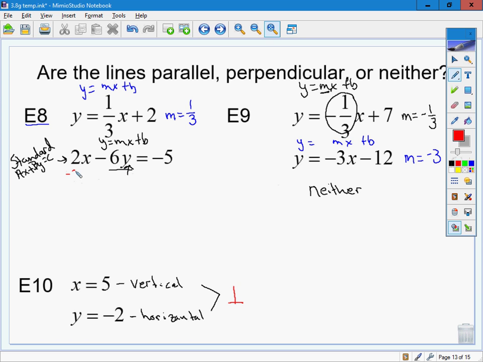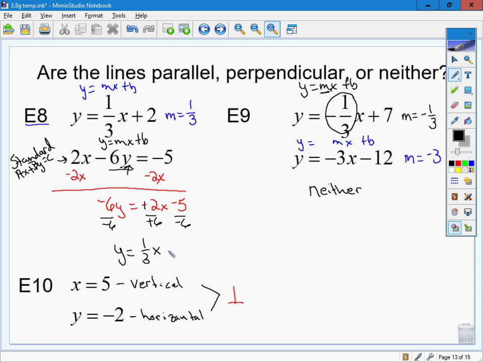To do that, I'm going to start by subtracting 2x from both sides. I now have negative 6y equals negative 2x minus 5. And I'm going to divide each individual term by negative 6. I have y equals, negative divided by a negative makes a positive, 2 over 6 is 1/3.